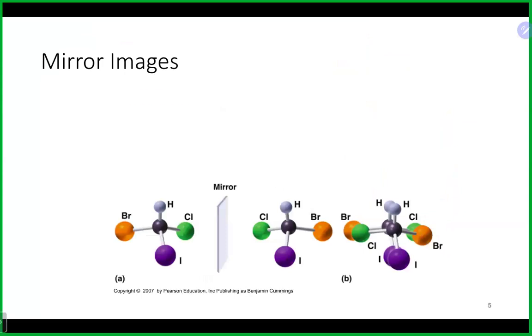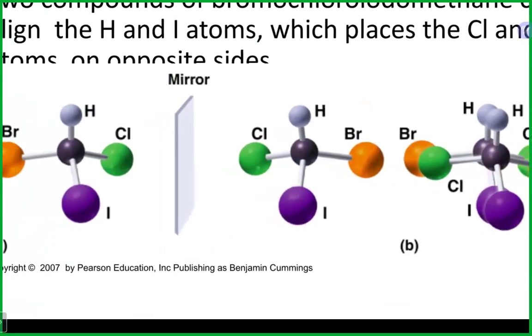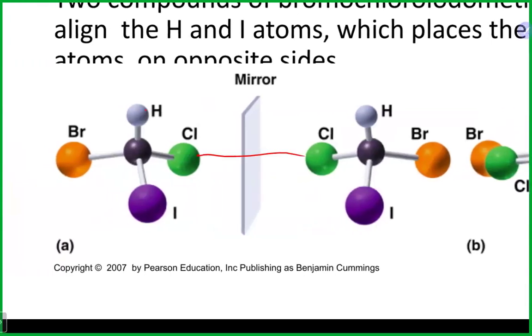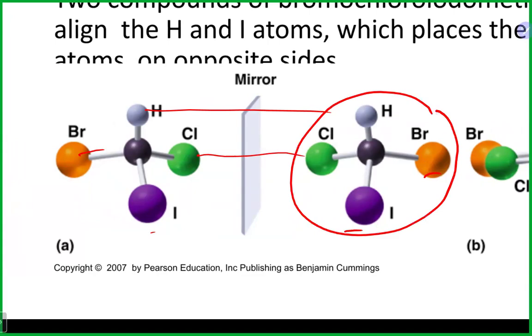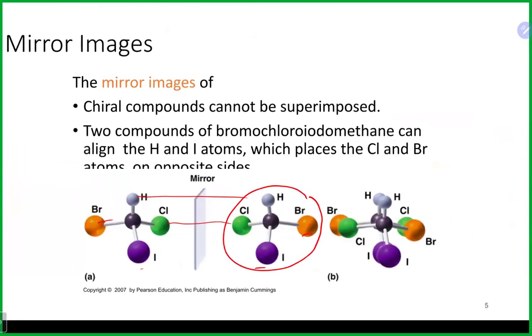So if we look at this guy here, these are mirror images of each other. And again, if we put this original guy in, it's going to reflect back there. This guy's in the back, so he reflects in the back, and this guy's here. If we took this mirror image out and tried to superimpose it on the original guy, you can see you could rotate as much as you want.